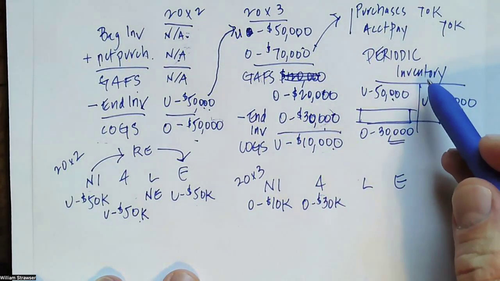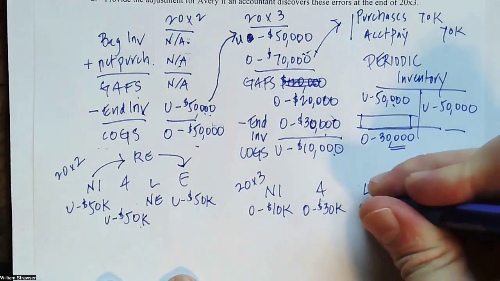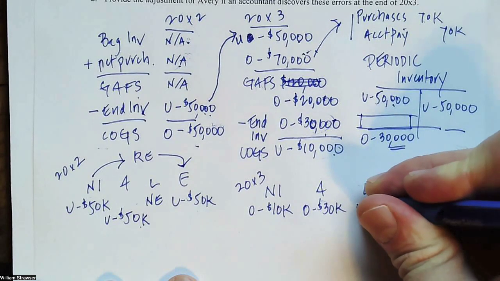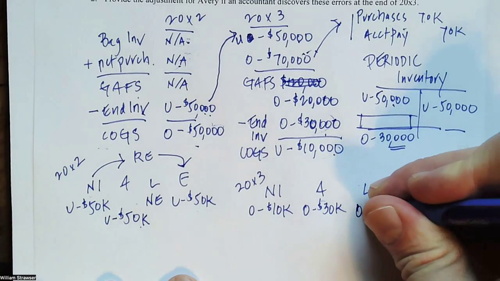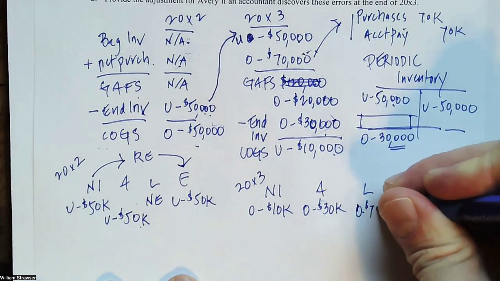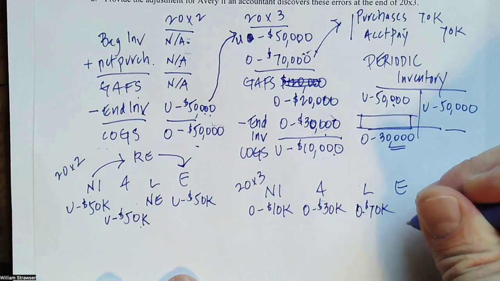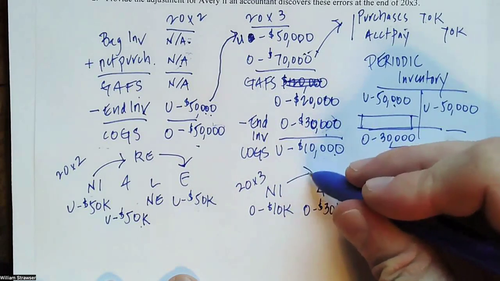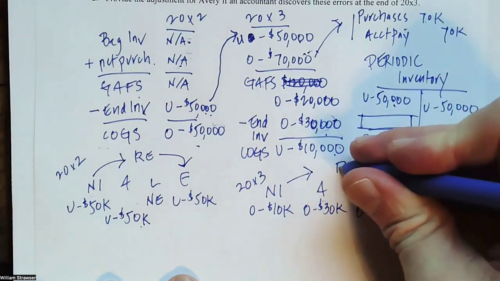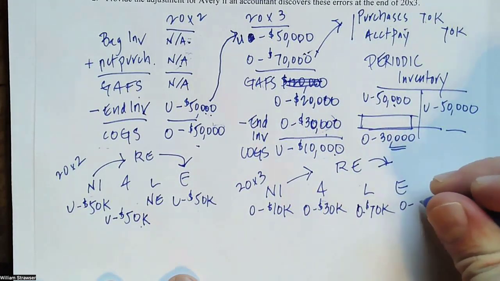The liabilities are overstated by 70,000 because of this issue. And then net income closes into my equity account and is overstated 10,000.